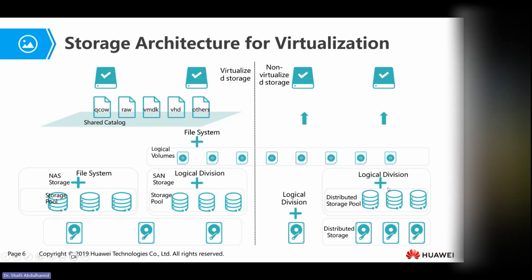And this storage pool is mostly a logical division of the storage space that is there in the physical storage device. This logical division will simply be given to the users to access and store information in the cloud. So these are the two different types of architecture that can be used in the cloud for storage.